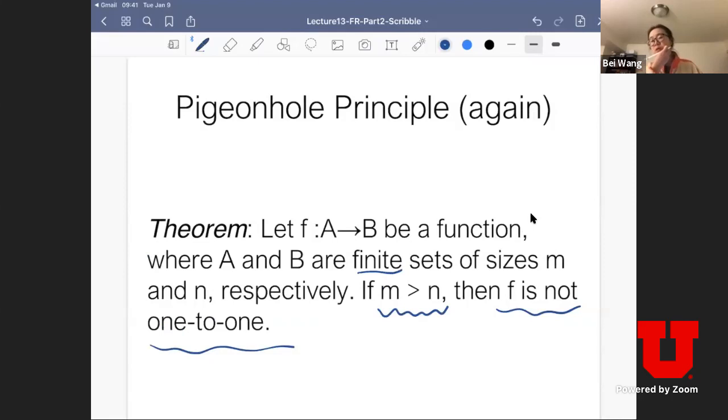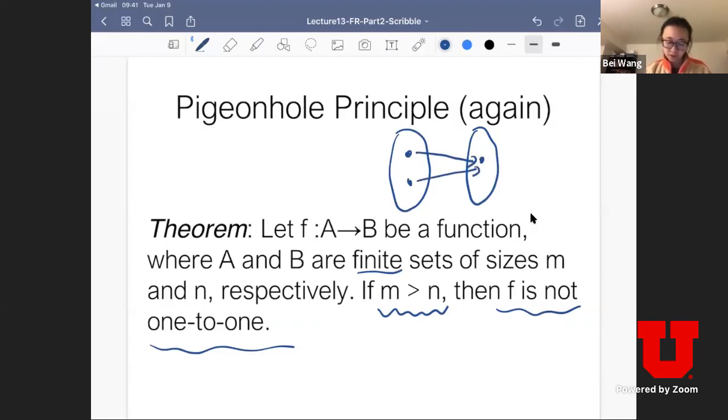If m is bigger than n, every element in A has to map to some element in B. So that means I'm taking m elements and putting them into n different containers. At least one of those containers is going to have 2 elements. And this picture is what I'm talking about. If you have this, the function is not one-to-one.